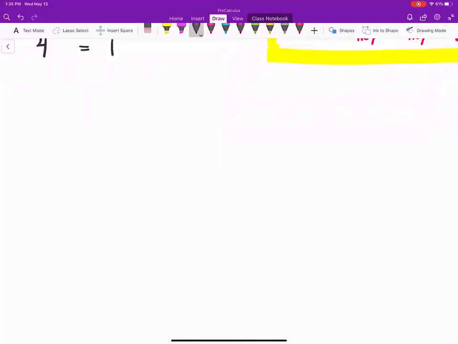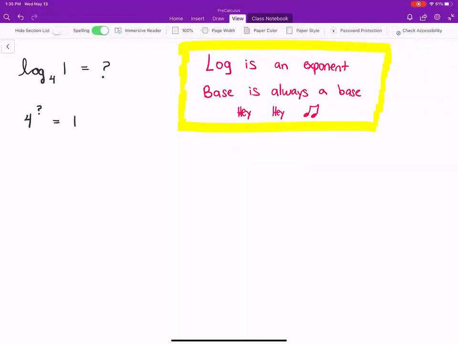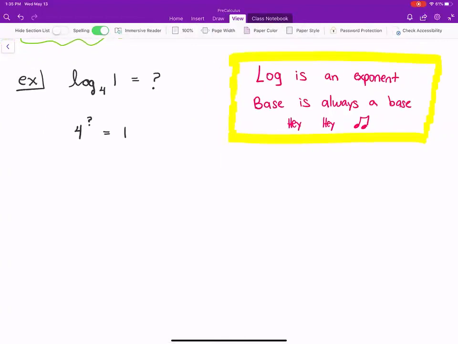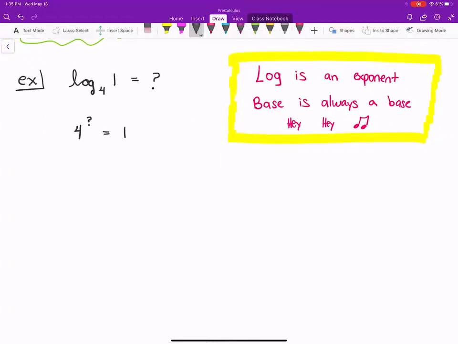So in order for us to be able to answer this question, I would need to know that the exponent would have to be equal to 0. So that means that log base 4 of 1 should be equal to 0.